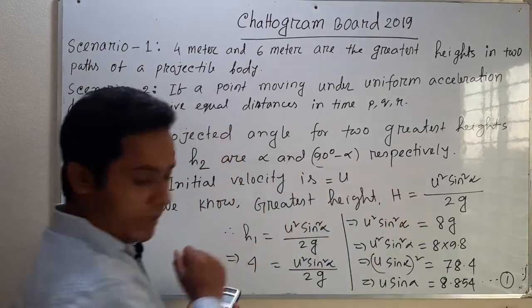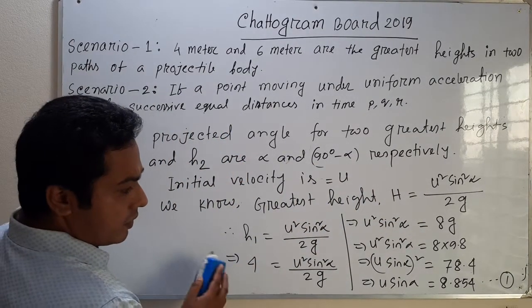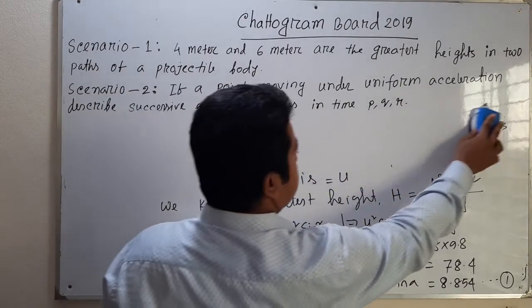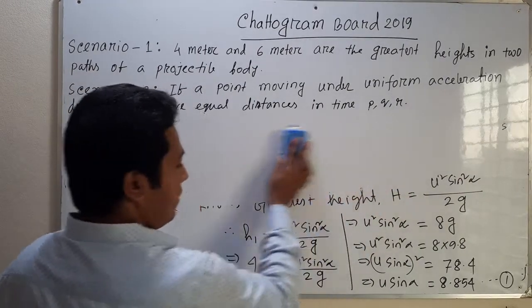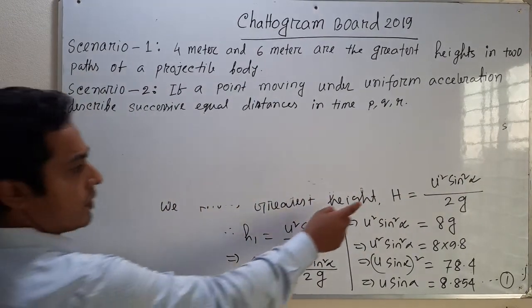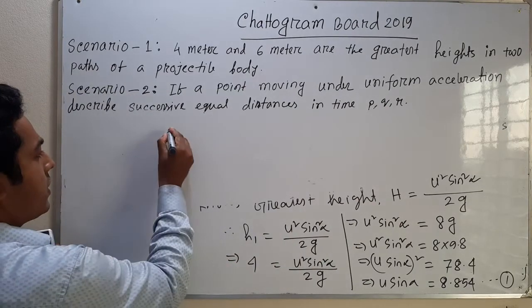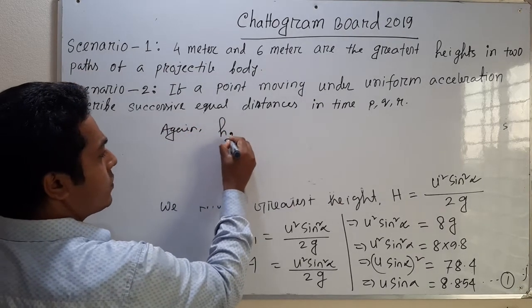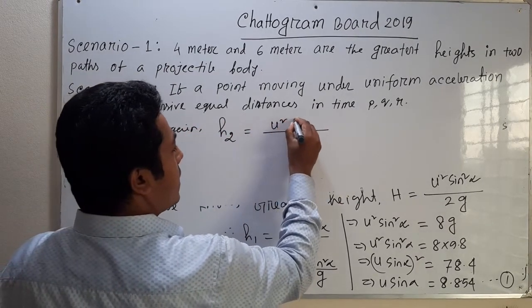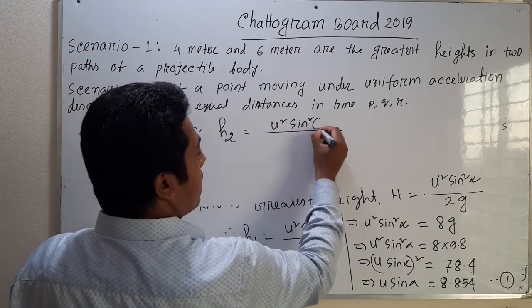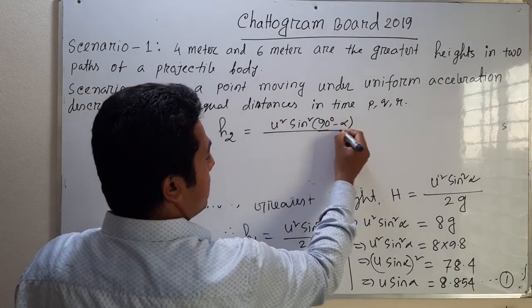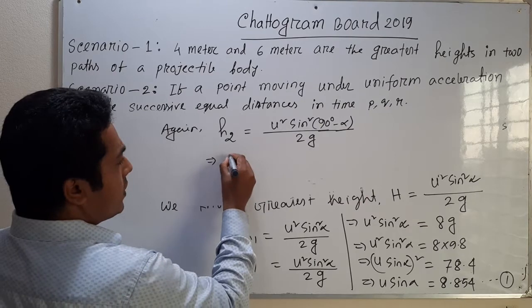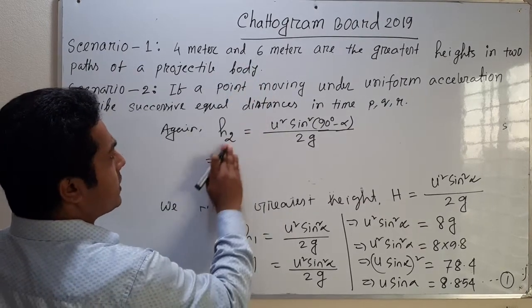Then the formula will be h2 is equal to u square sin square (90 degree minus alpha) divided by 2g, because now the projected angle is 90 degree minus alpha. h2 is 6 meter.